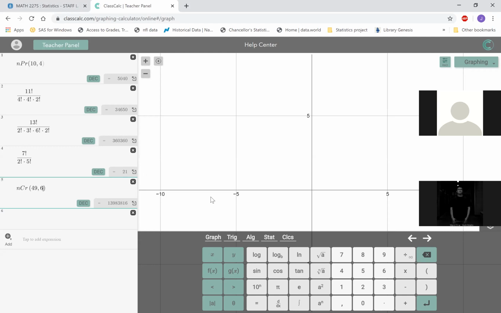If you got the number, there's 13,983,816 different combinations.